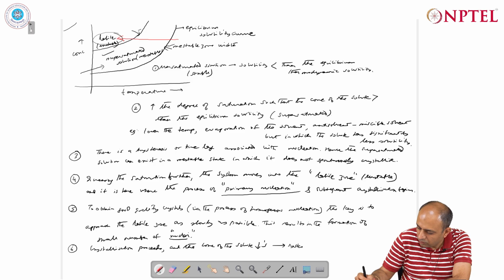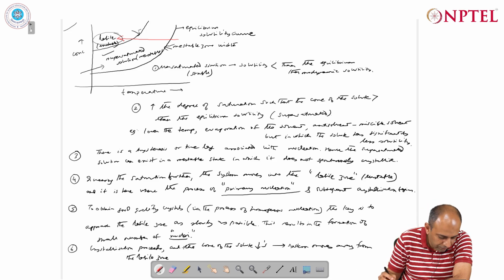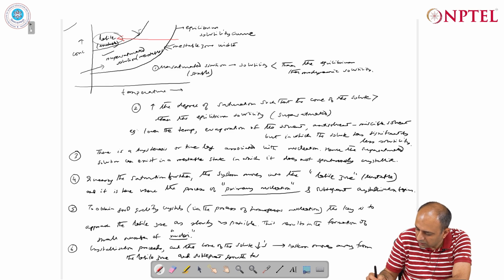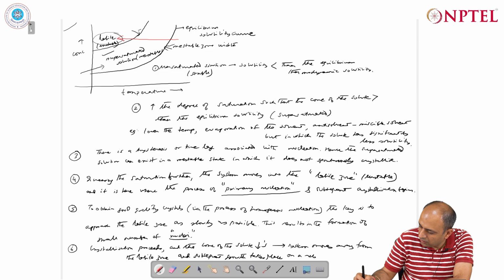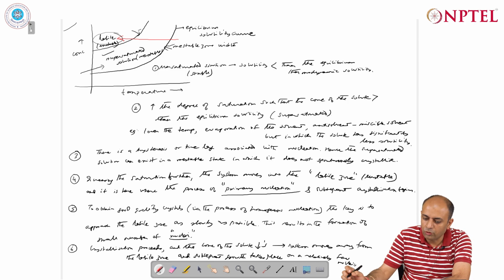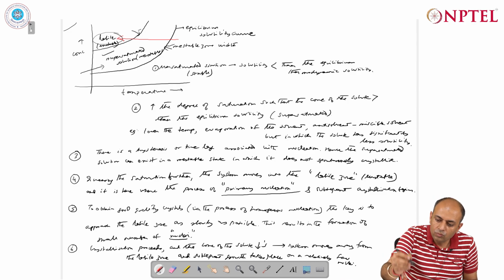The system moves away from the labile zone and subsequent growth takes place on a relatively few nuclei which are produced.